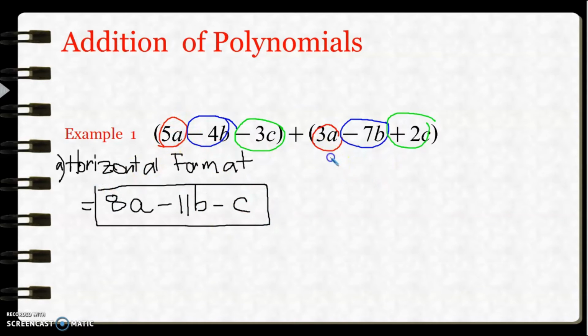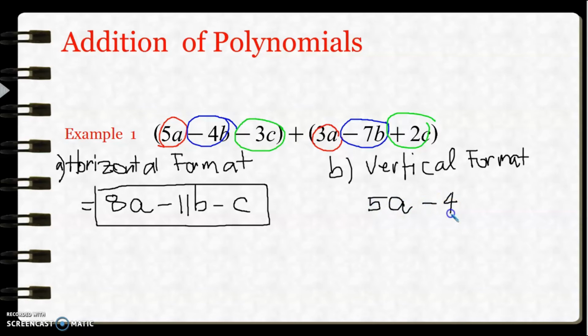Okay? The second solution is using what we call vertical format. So from the term itself, vertical, we are going to rewrite the given in a vertical form such that those terms belonging to the same line must be similar. So i-rewrite natin yung first polynomial, 5a minus 4b minus 3c.